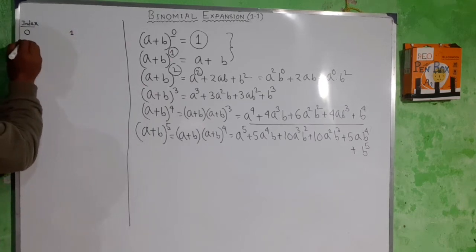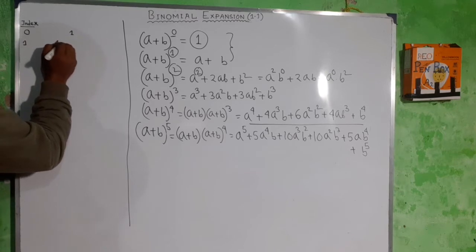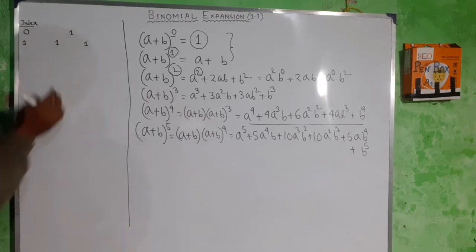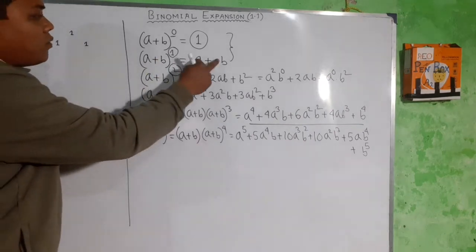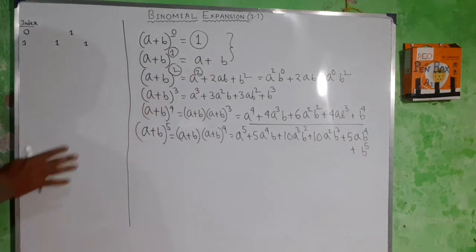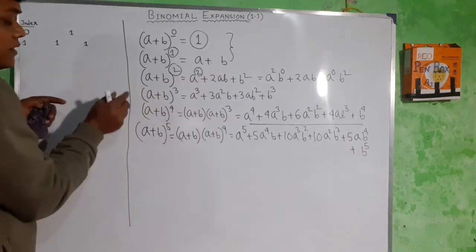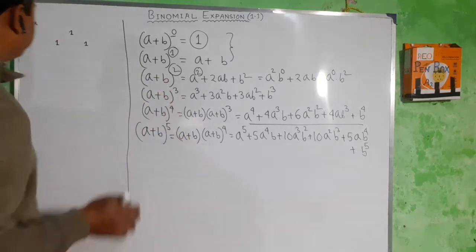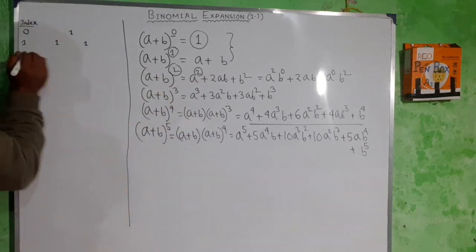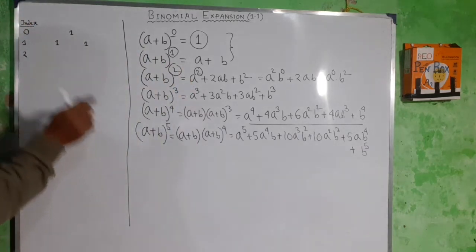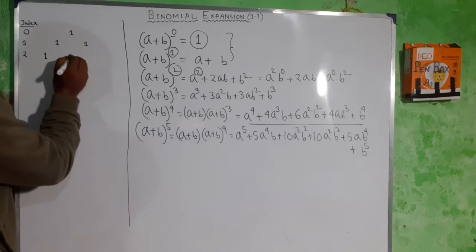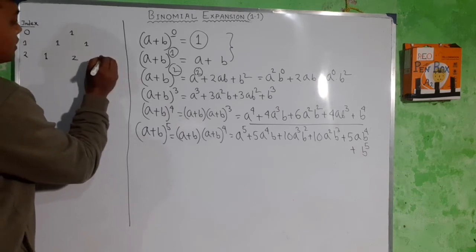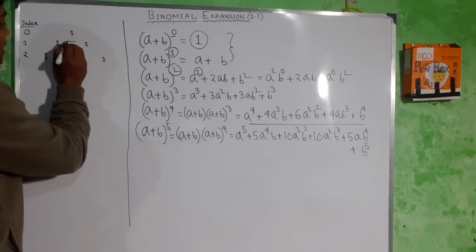When the index is 1, there are 2 terms, so the coefficients I have written here are 1, 1. For this expansion I have written down the coefficients. For index 2, we will get 3 terms: 1, 2, 1. I have used the Pascal triangle in this fashion.